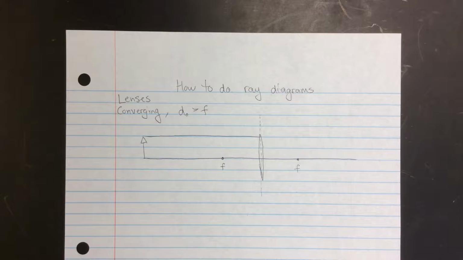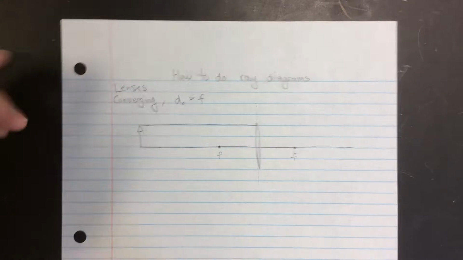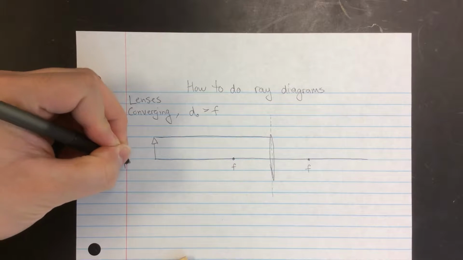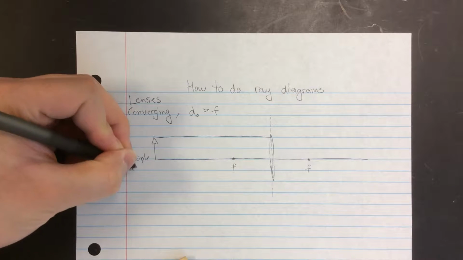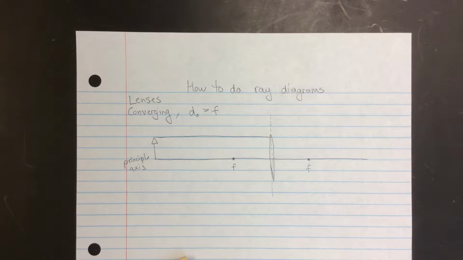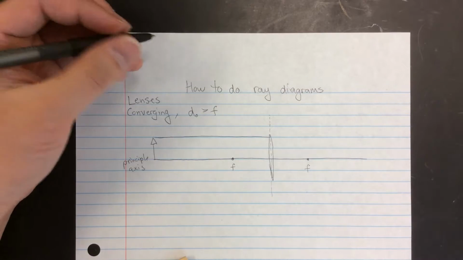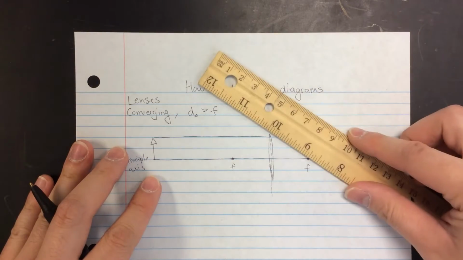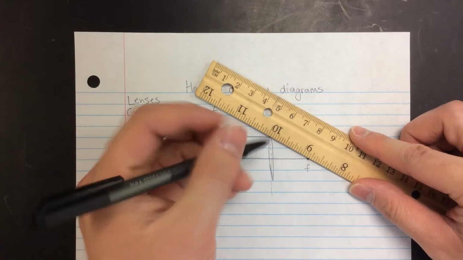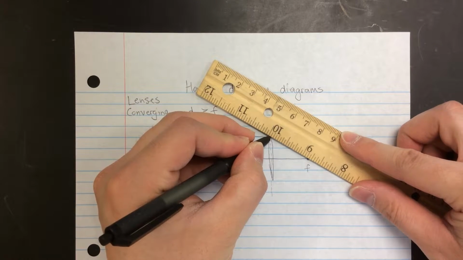Any ray going straight on, parallel to the principal axis. So this is the principal axis. And then this is one of the principal rays. This is the parallel ray. That ray is going to go straight towards the focal point.